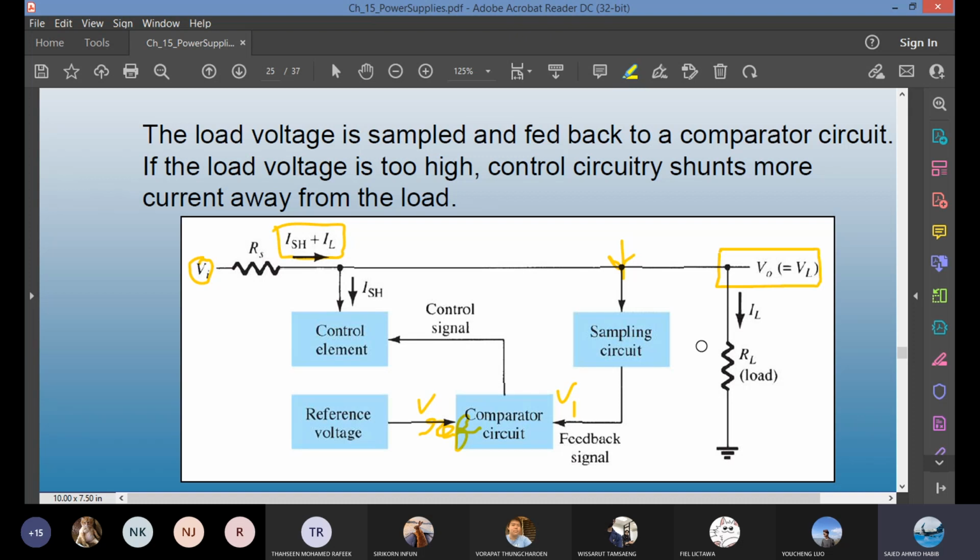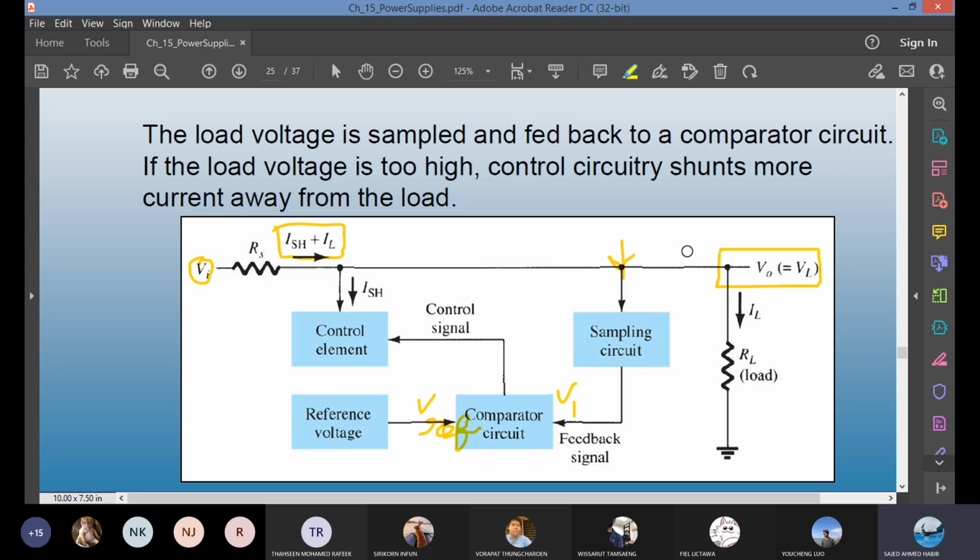But if the load current is totally normal, everything is normal. There will be no shunting. All the current from the input side will go to the output load for normal operation. The shunting action will take place if the load voltage tries to change due to a change in the load.